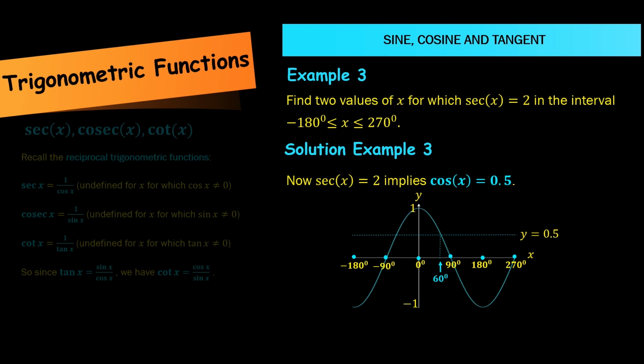However, the line does cross the graph at another place as well, namely here at minus 60 degrees. Therefore, there are two solutions. Cos 60 degrees equals 0.5 and cos minus 60 degrees equals 0.5.